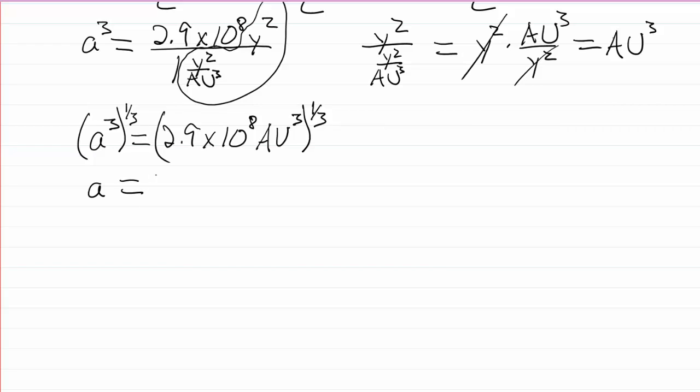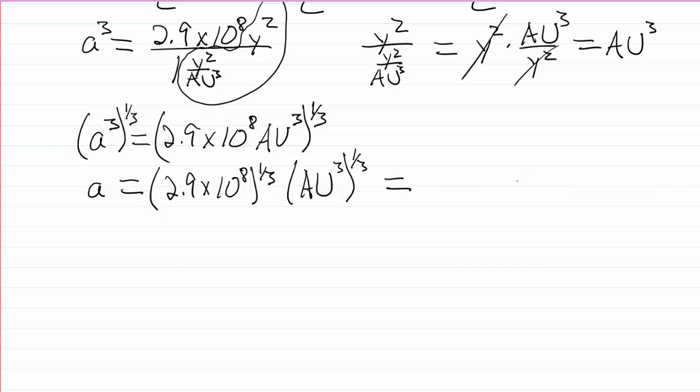On the right side, I've got two things multiplied together, raised to a power. I'll have to have 2.9 times 10 to the 8th raised to the 1/3, and AU cubed raised to the 1/3. Well, that AU cubed to the 1/3, 3 times a third is 1 again, so I'll end up with some number that's just going to have AU for the units. Then I have to raise that 2.9 times 10 to the 8th to the 1/3.